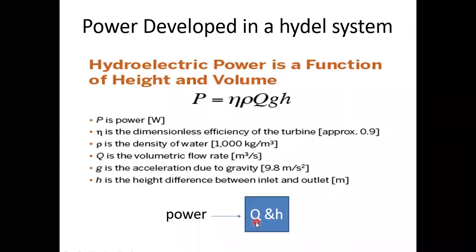So when you change Q and H, automatically we can change the power generation in an ideal power plant. Okay, so this is the conclusion in case of the ideal system.